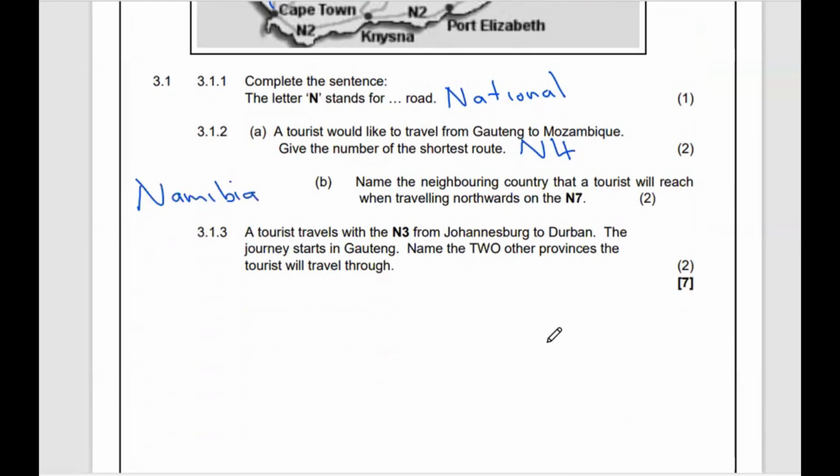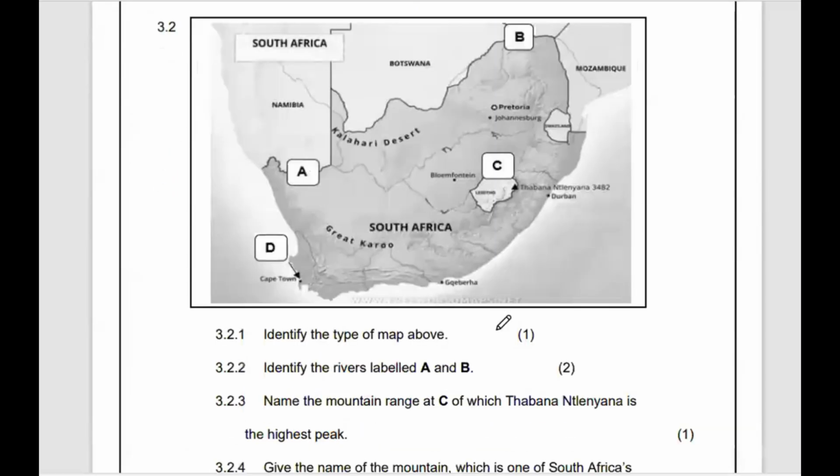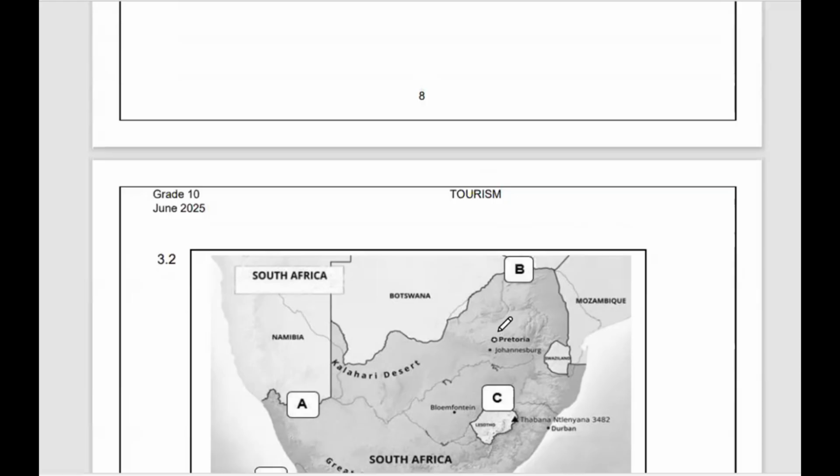These are the two provinces: the Free State province and KwaZulu-Natal. These are the two provinces which this particular tourist is going to pass through.